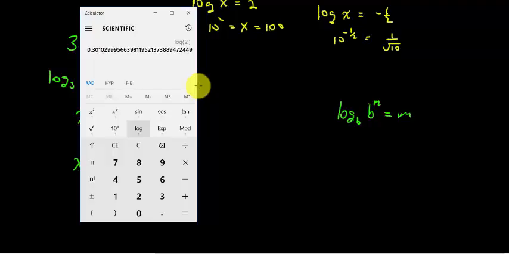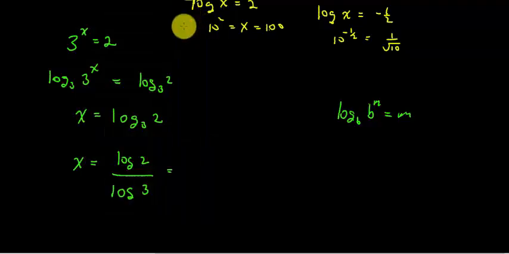So it's 2 log base 10, then divide by the 3 log base 10 and hit equals, and that is equal to 0.6309. So we could say 0.631.